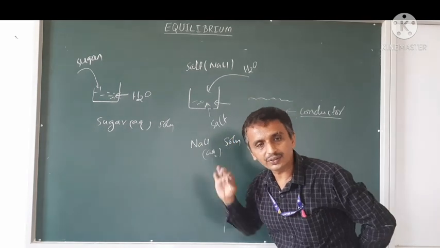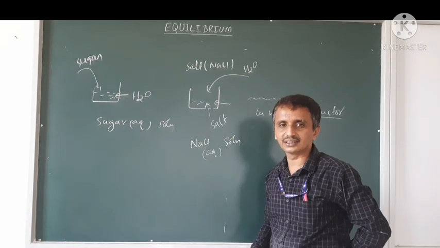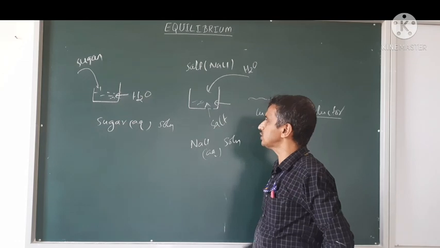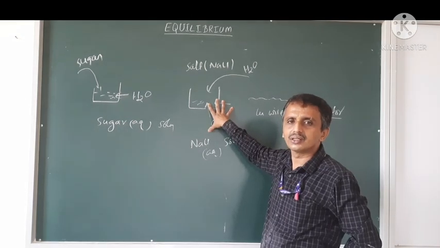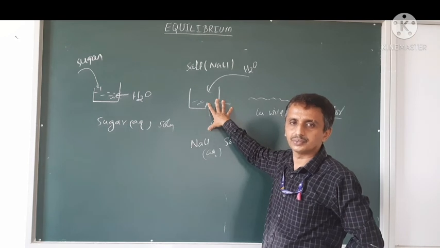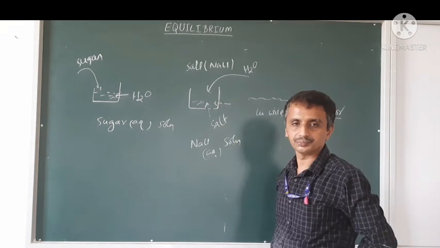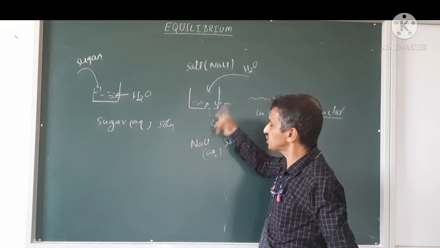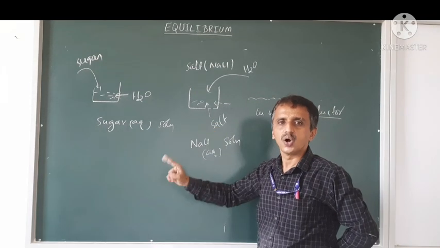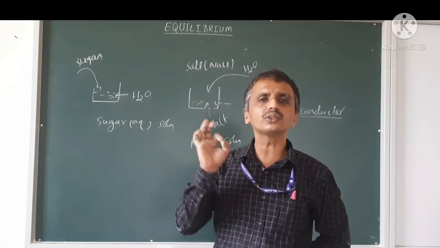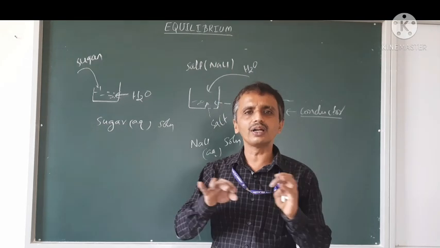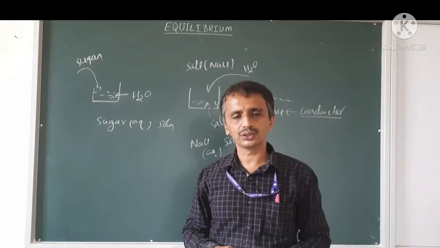Is it going to conduct electricity now? Yes. In the molten state or aqueous solution, this NaCl conducts electricity, not in the solid state. Such substances which conduct electricity in the molten or aqueous solution are called electrolytes.